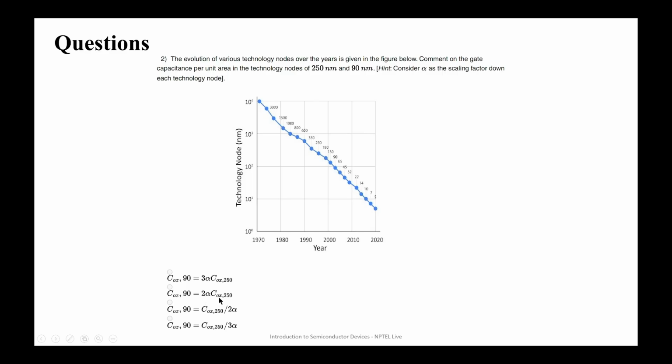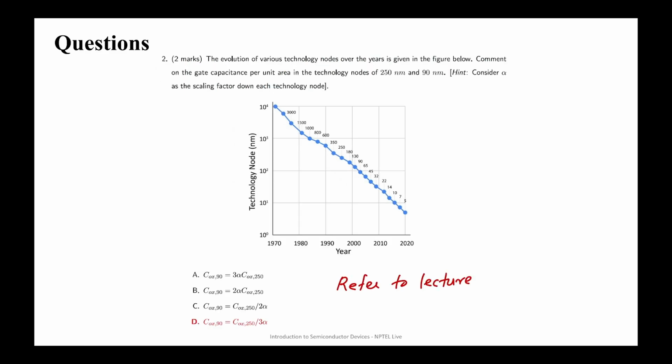Cox 90 equals 2 alpha Cox 250. Cox 90 equals Cox 250 by 2 alpha. Cox 90 equals Cox 250 by 3 alpha. So the answer to this will be Cox 90 equals Cox 250 by 3 alpha.